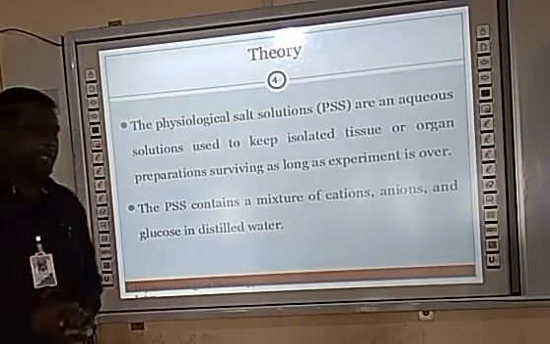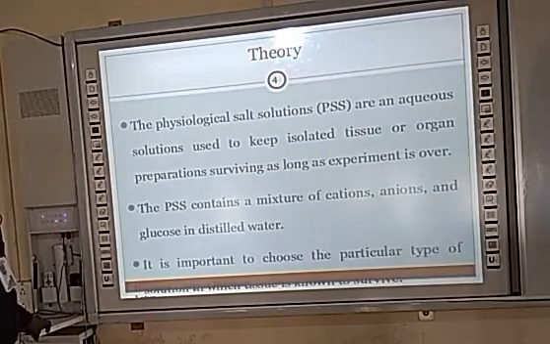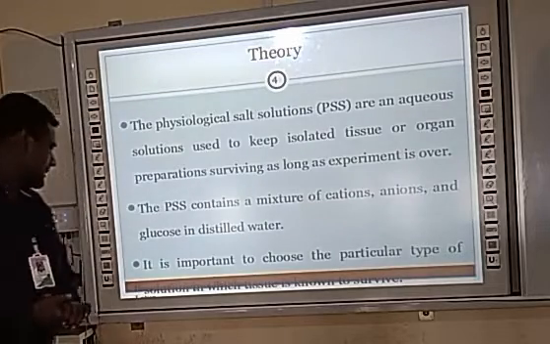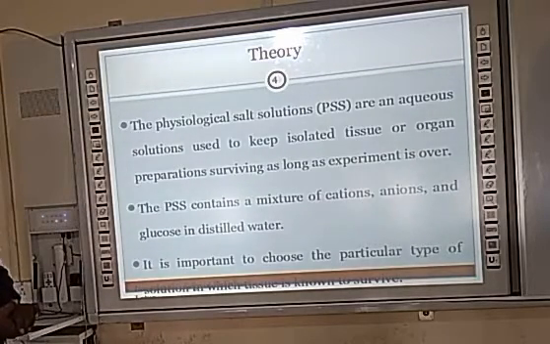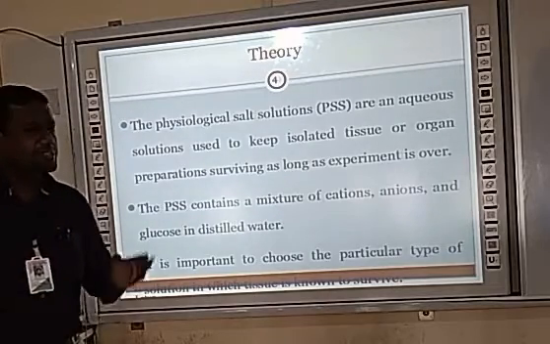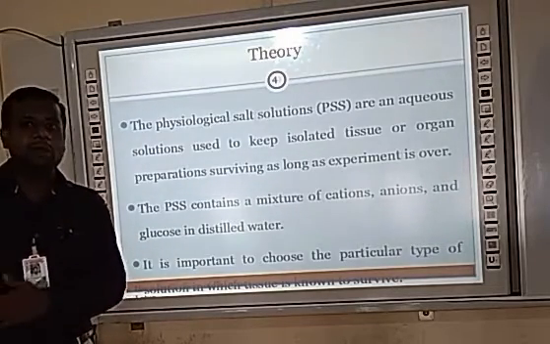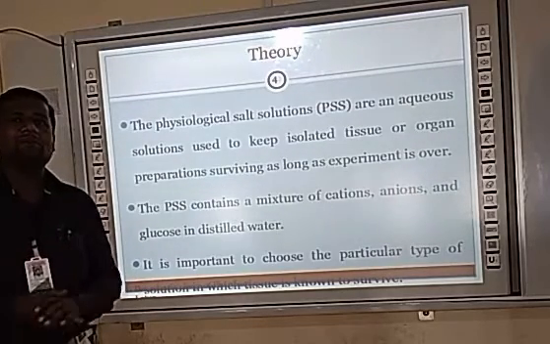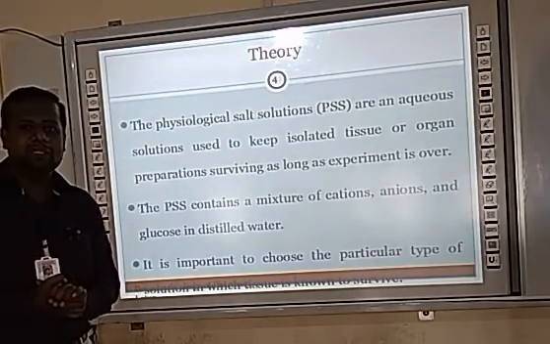Next, it is important to choose the particular type of PSS in which the tissue is known to survive, meaning each kind of isolated organ or tissue requires a different type of physiological salt solution.